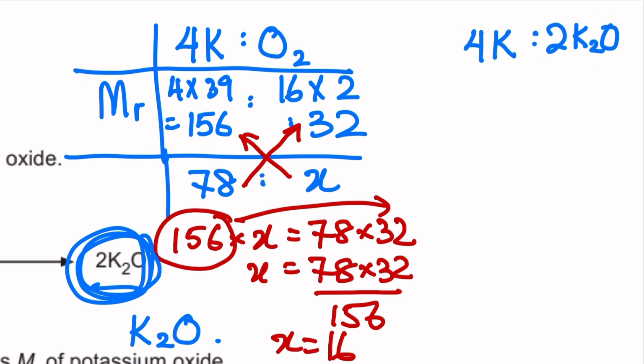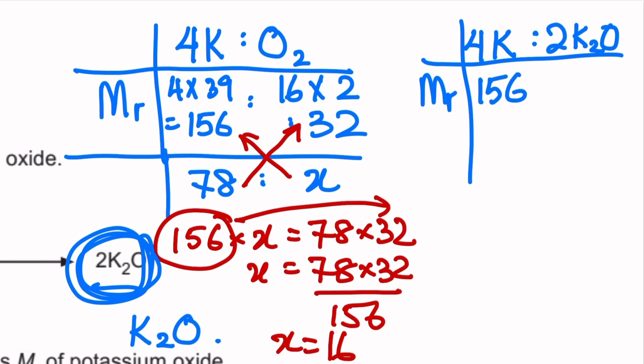Same thing again as the example here. You need to do the MR. MR for 4 of potassium is 156. You don't need to calculate again, it's the same number.